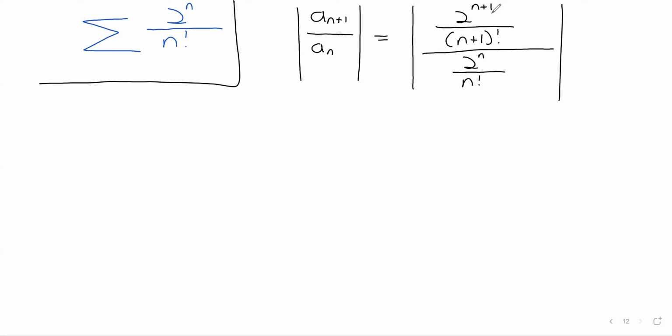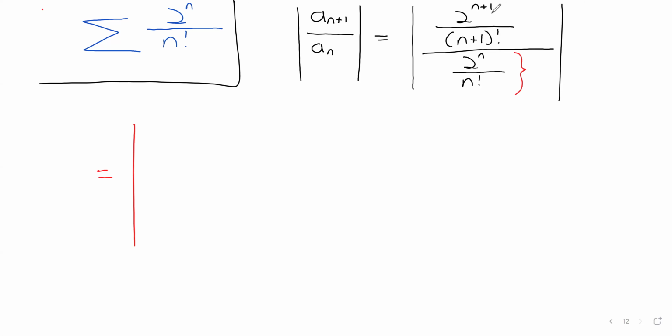We get these very messy improper fractions whenever we use the ratio test. We flip that denominator and then we multiply. That's how we do fraction division.